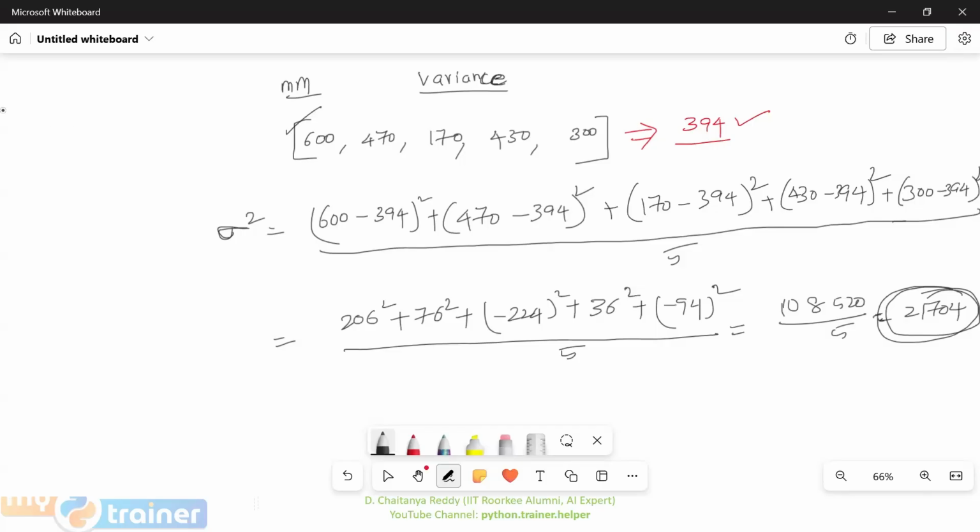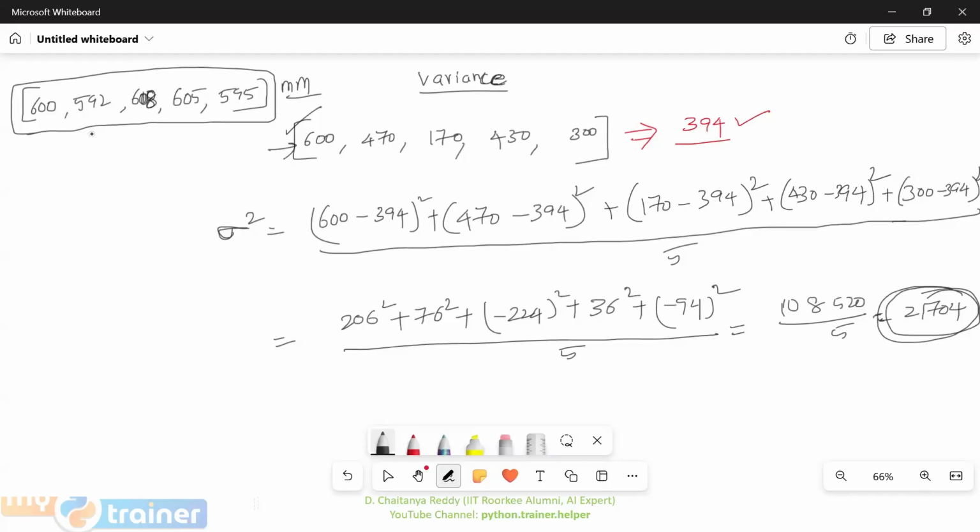Let us say 600 millimeters, 592 millimeters, 610 millimeters or 608 millimeters, and next 605 millimeters and 595 millimeters. So these are my values, the dog heights. Okay, this is one data set.